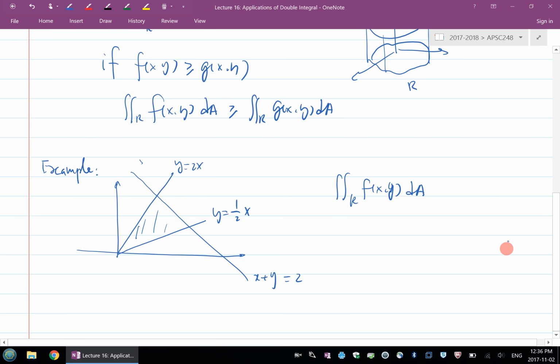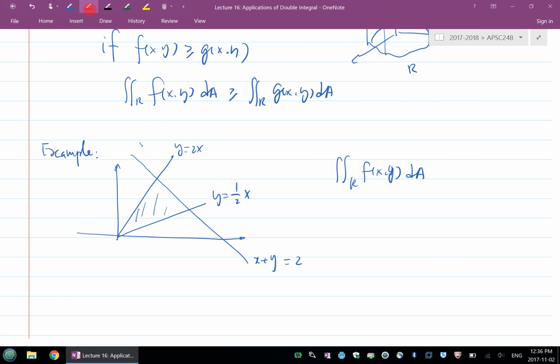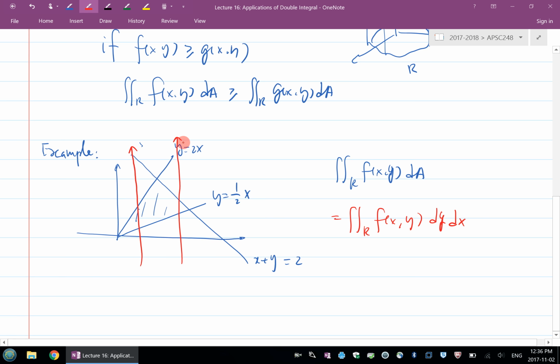This is the example where you have to make use of the additive property. If we decided to integrate using dy and dx, in this sequence, then according to the procedure we have to draw reading lines across this region R. As you can see, the first one has its first contact here and here.